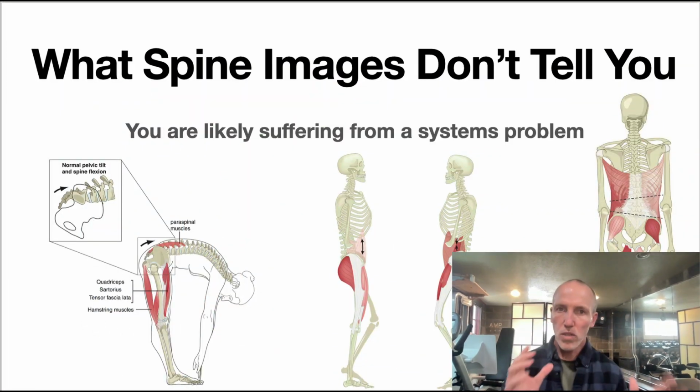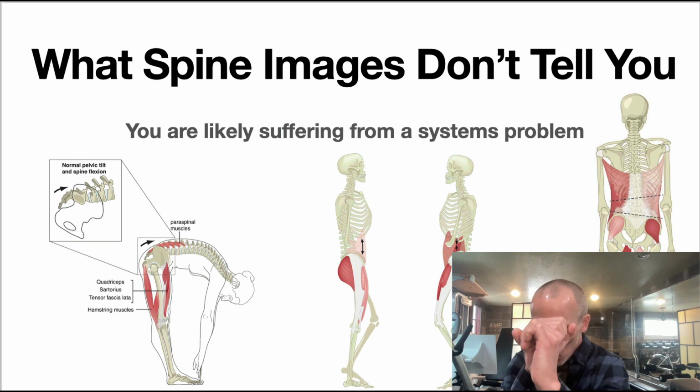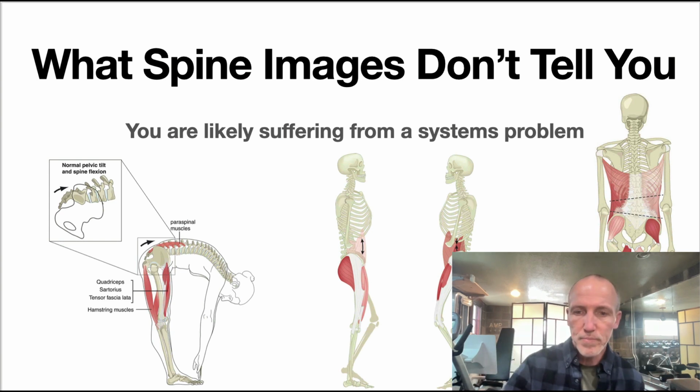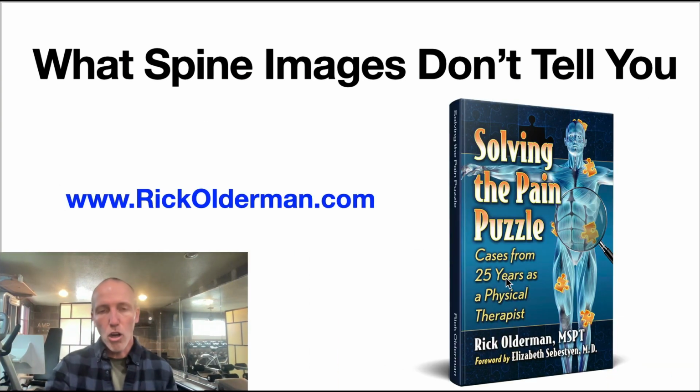And so when someone is just looking at one specific tissue as the cause, the end-all be-all cause of your back pain, I'm sorry, at least with chronic back pain or sciatic pain or SI joint or any other problem in the body, it's usually a systems problem that these people aren't looking for because they are component thinking, which is how we're trained in medicine, and not systems thinking. Okay? All right. Oh, I hope that helps you.